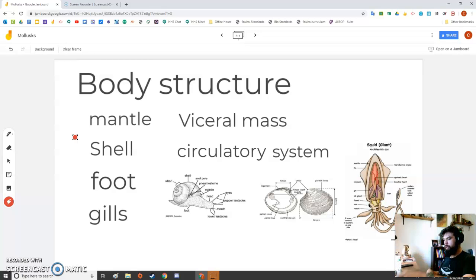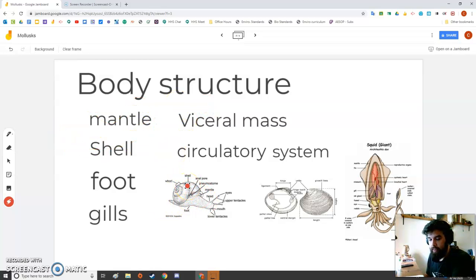let's talk about body structure, starting with the gastropods. Now, here's the deal. I've got all of them here, and these are things that are common between all of the mollusks, except for gills. All of them are going to have a mantle. That is the thing which secretes this shell.